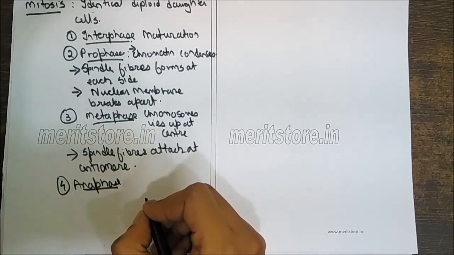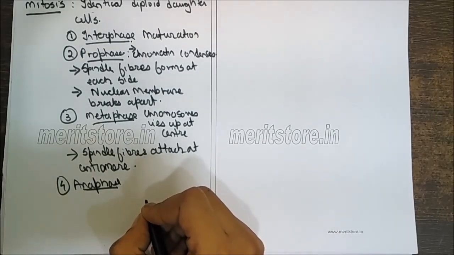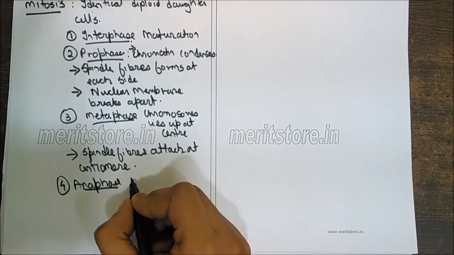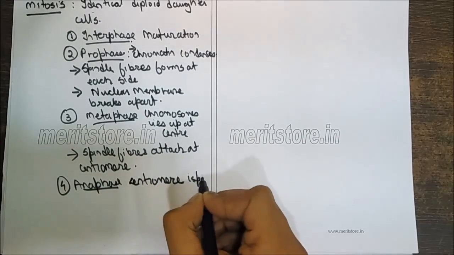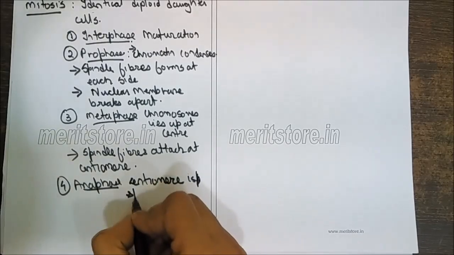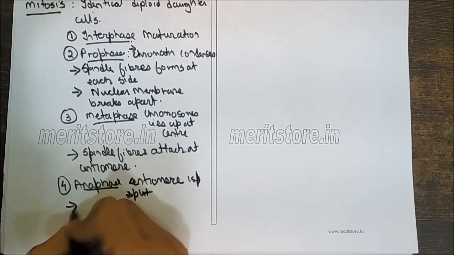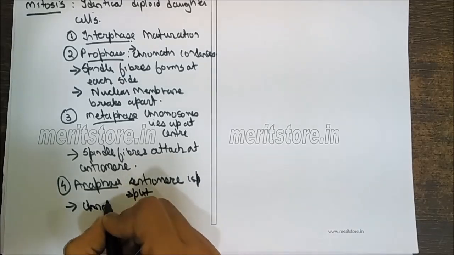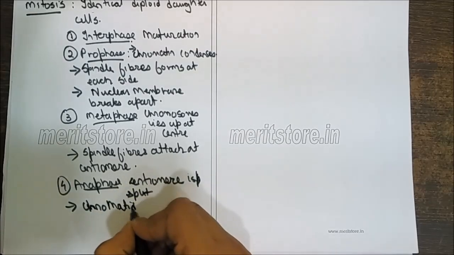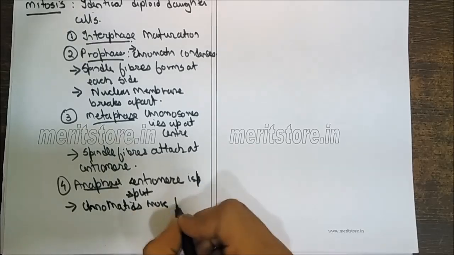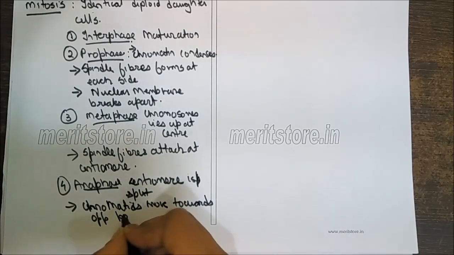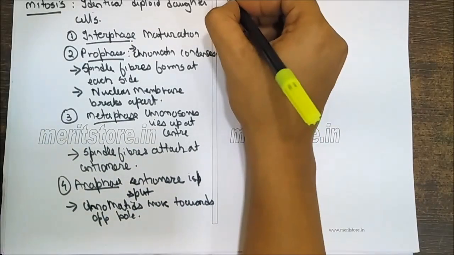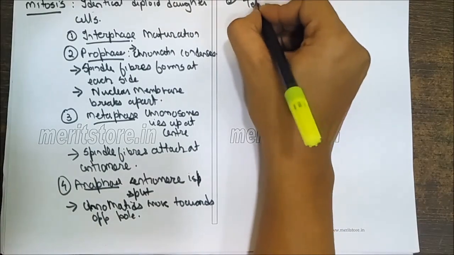Next phase is anaphase. In anaphase, the spindle fiber splits the centromere and the chromatids move towards opposite poles of the cell. Next phase is telophase.